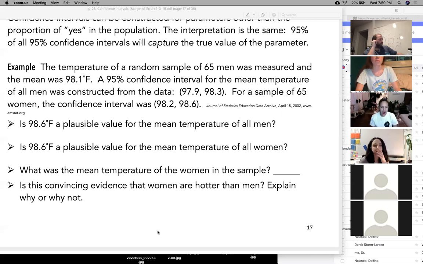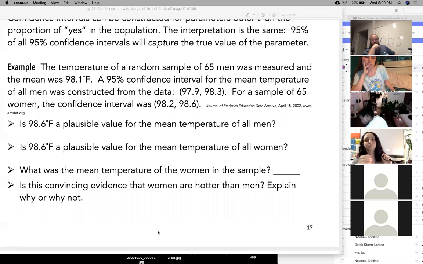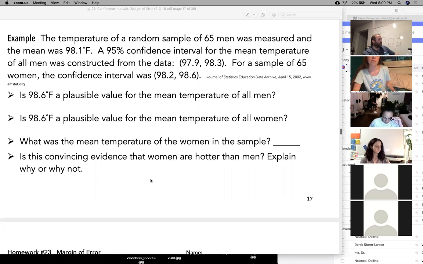Remember, we don't know which part of the interval is the right number. We just know any of those numbers are plausible. So because any of those numbers are plausible, 98.28 could be just as plausible as any other number. And as such, we can't conclude with convincing evidence that women are hotter temperature-wise than men.